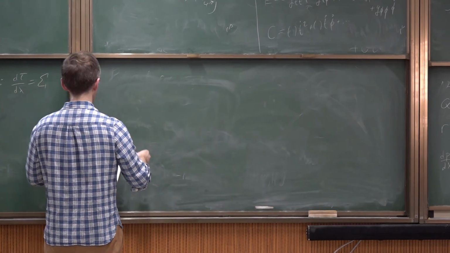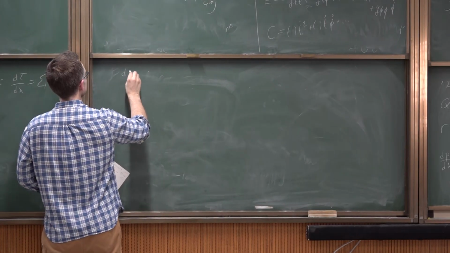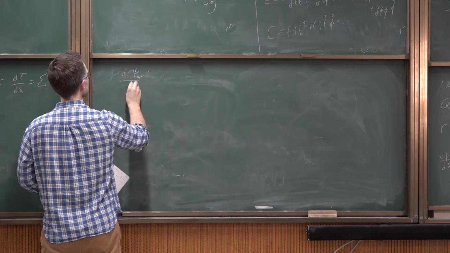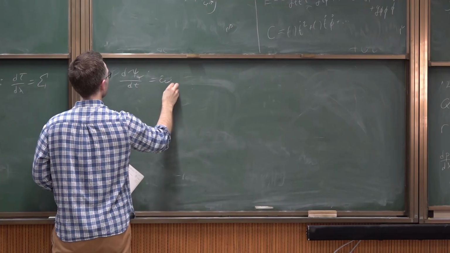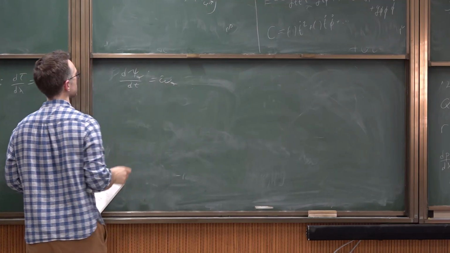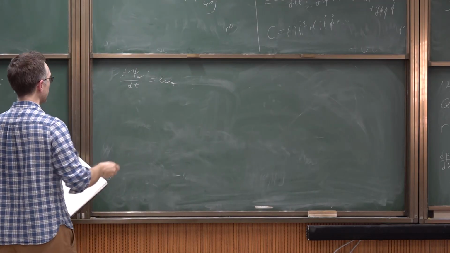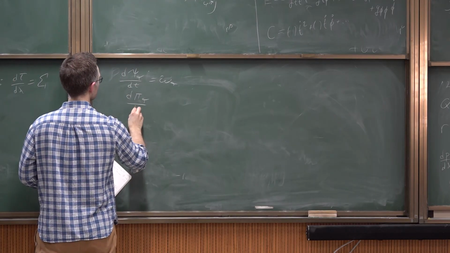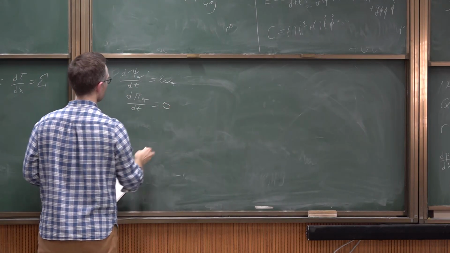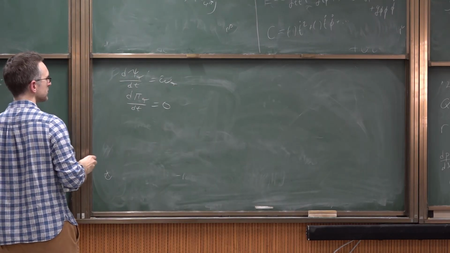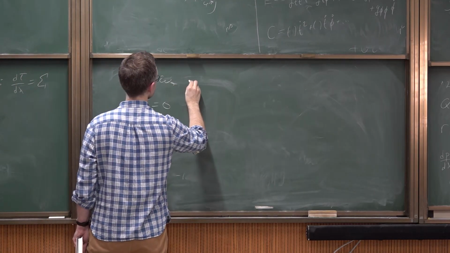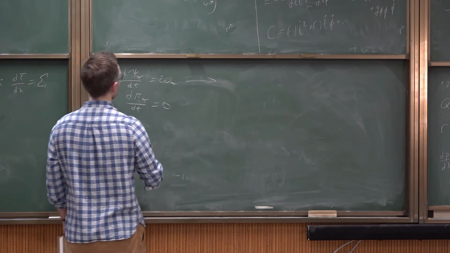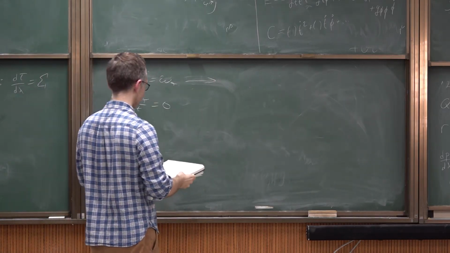So right now we have dψ_α/dt is ω_α, which is not a constant. It's evolving with the phases. And we have dπ_α/dt equal to 0. I want to transform to new variables where I get a constant frequency.